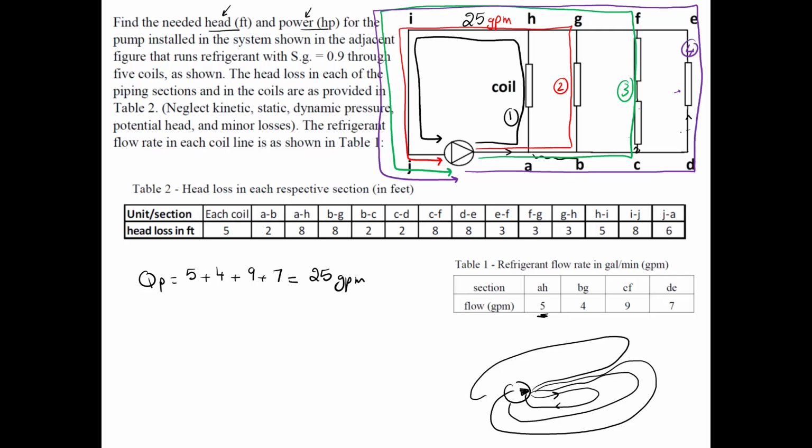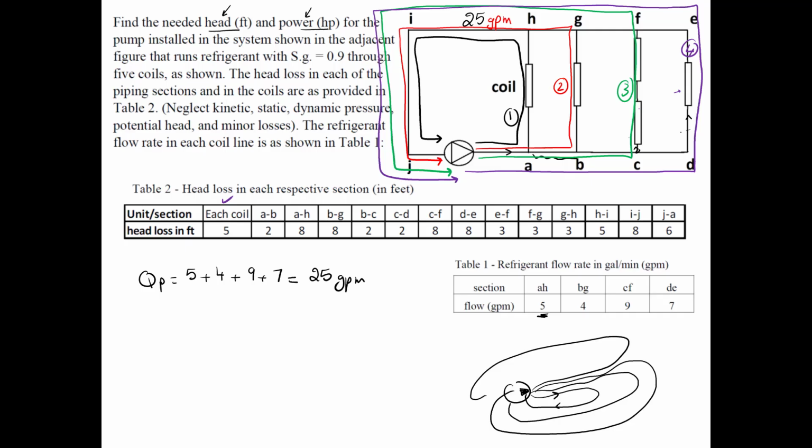Each coil has, all coils, they have the same head loss across them, but maybe sometimes you have different head loss in some coils. Maybe some coils are larger than the others, or maybe that component has more pressure drop inside it. So before we start the calculation, let's understand what's happening.